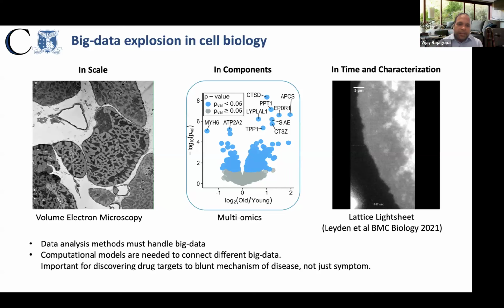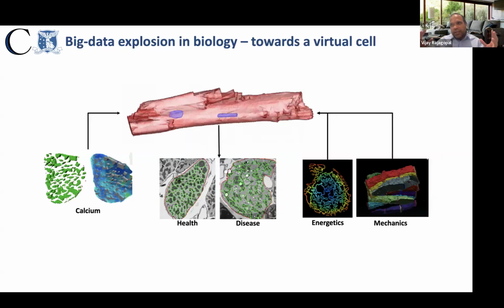Bioinformatics and statistical techniques have so far been the method of choice because of the sheer size of the data and the complexity of biology. But there's an increasing interest in creating a virtual cell model, because if you can connect these data sets mechanistically using these virtual cell models, you can then start to make inferences that are mechanistic.